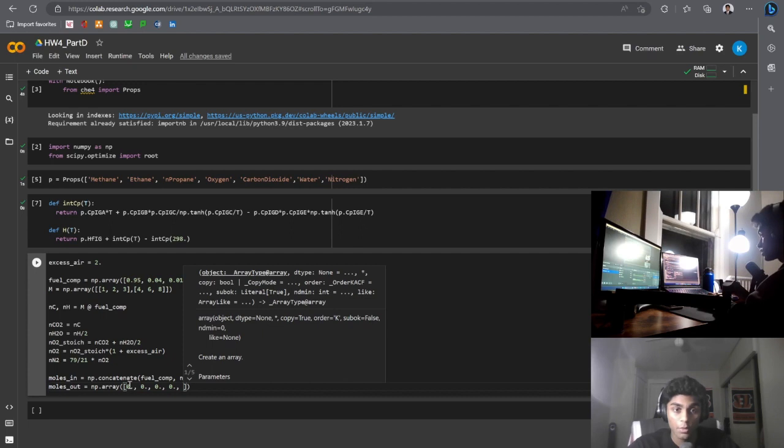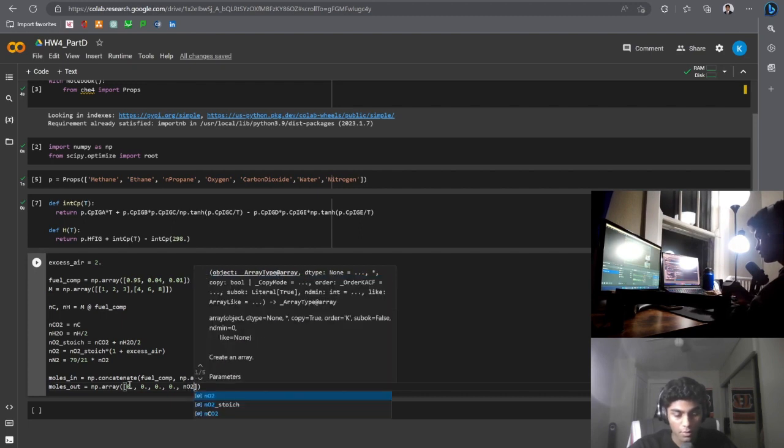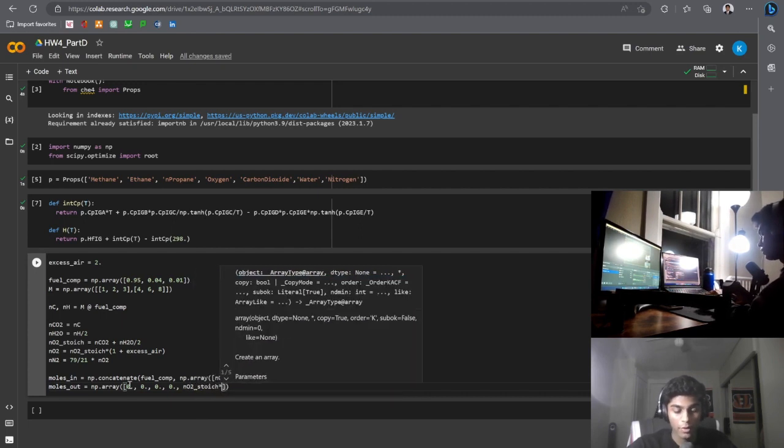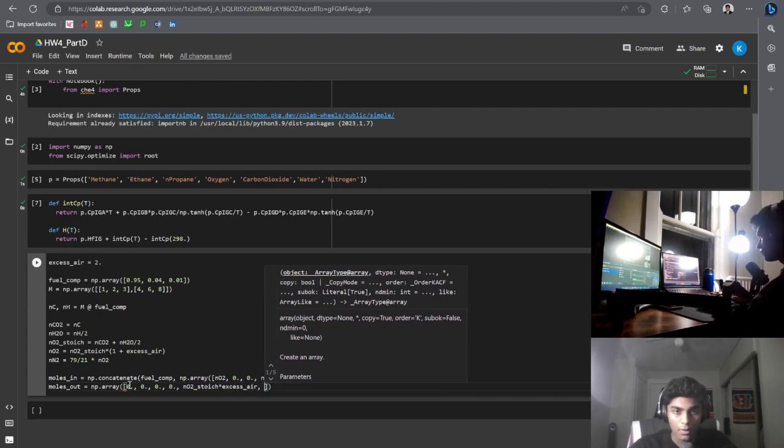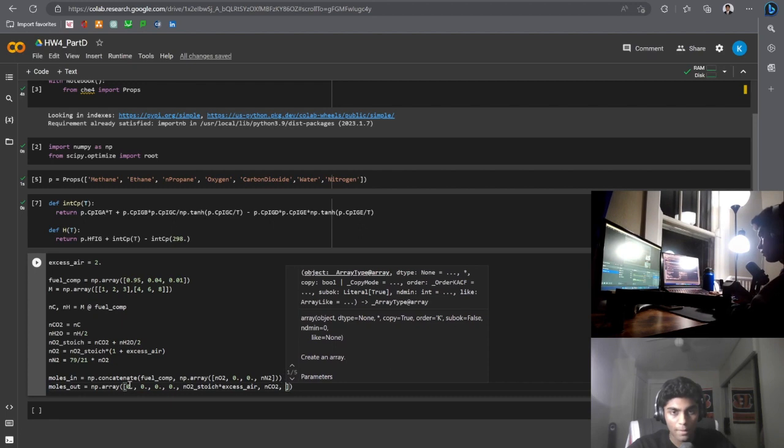There's 100% combustion here. Now for our oxygen, we want to multiply the moles of our oxygen, the stoichiometric value, by the excess amount of our air in the system. For our carbon dioxide, that's just going to be our moles of CO2. For our water, that's going to be our moles of water.